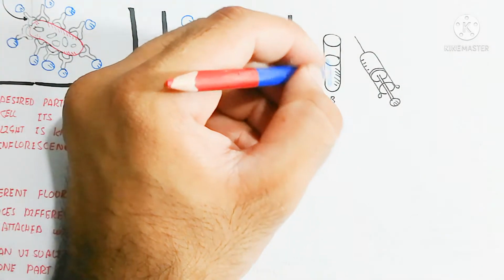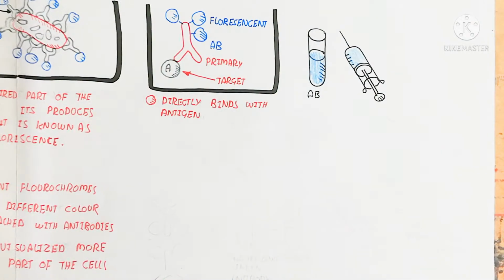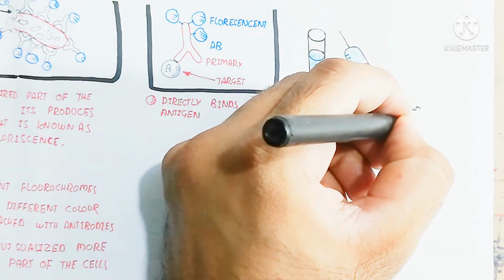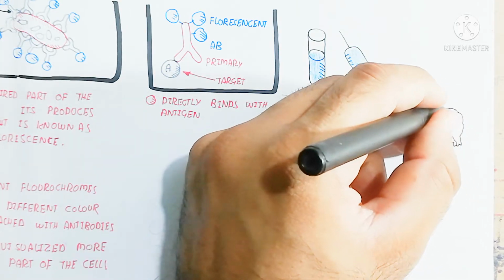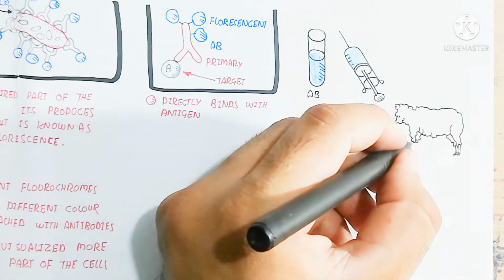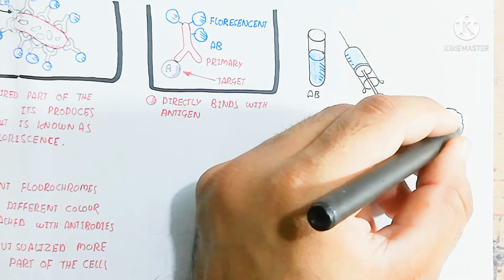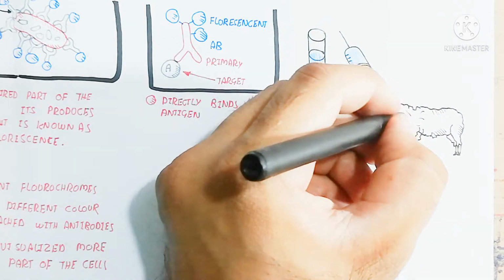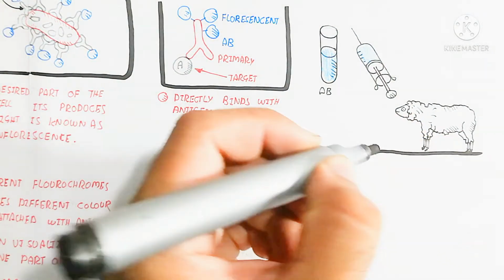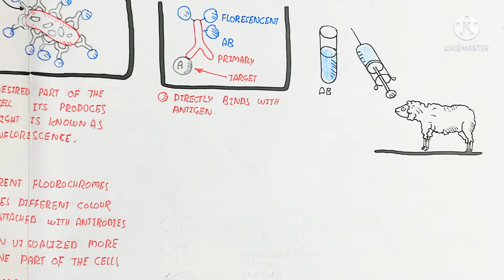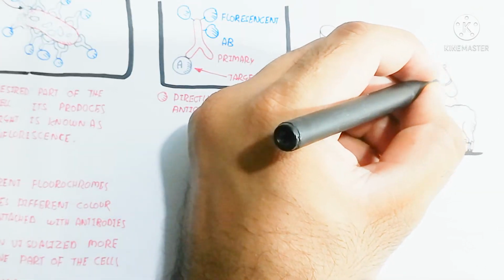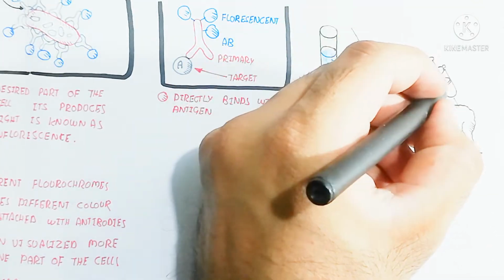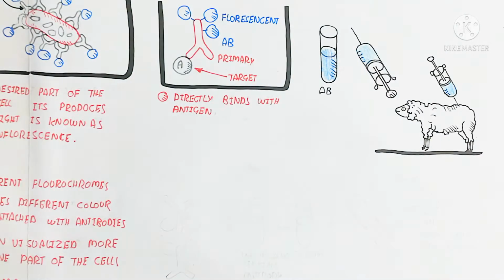So we can use that primary antibody again by injecting it into an animal, and this antibody plays an important role, just like an antigen. These antibodies contain several epitopes, and the epitopes play the role of an antigen.